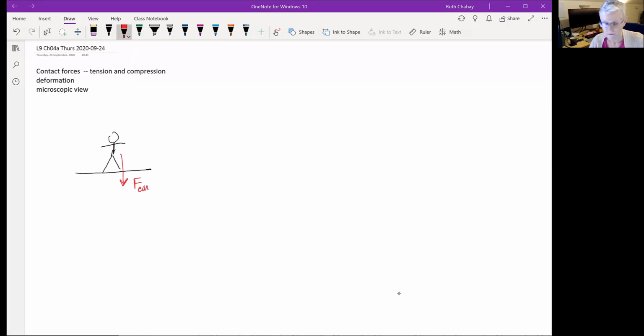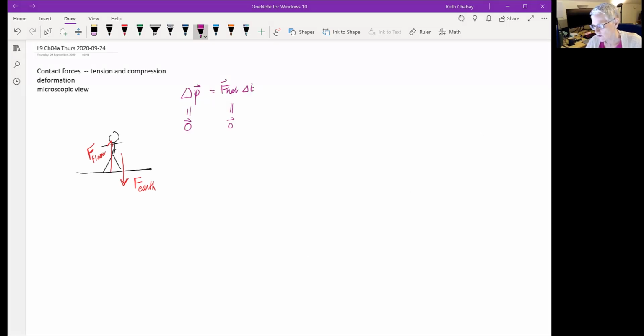And the person is not accelerating downwards. So presumably the floor is actually pushing up. By the momentum principle, these two forces have to be equal and opposite.